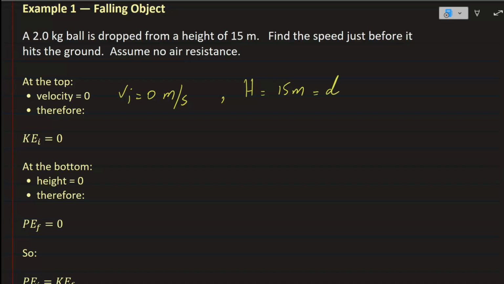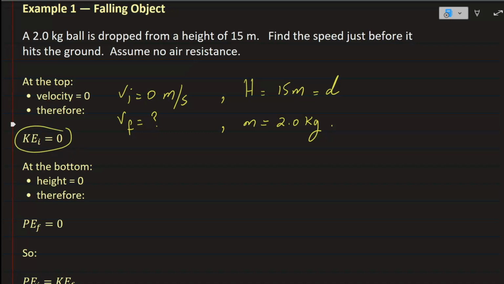And the question is, we want to know what the v final is. We're going to find that out. Now, mass we do know. Mass is 2.0 kg. The units are all standard SI units, which is great. Now, here is the thing. At the top, before you release the ball, the kinetic energy is 0.